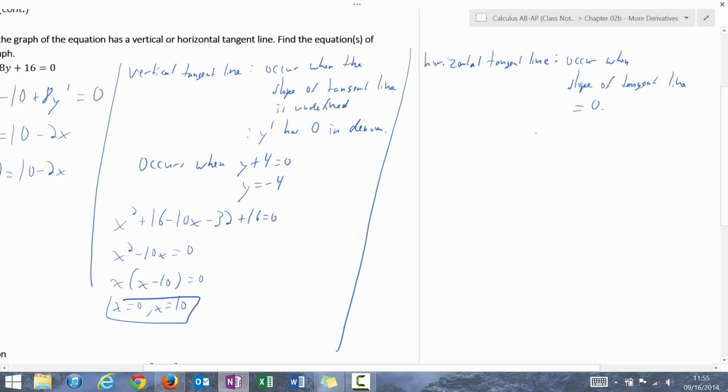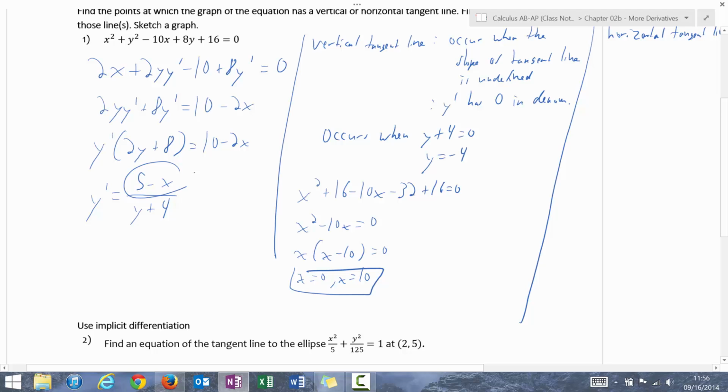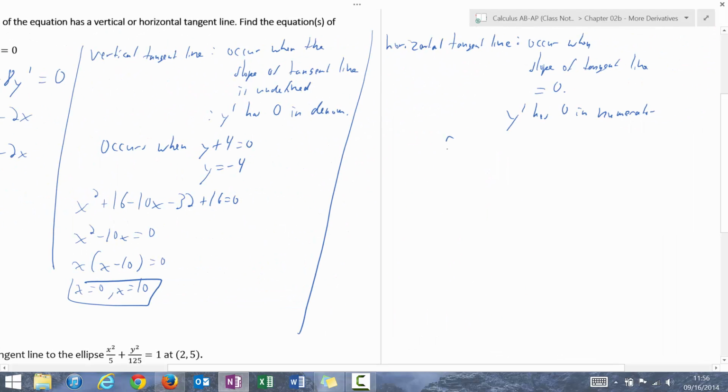And that occurs when y prime has 0 in the numerator. On this particular one, that occurs when the numerator, 5 minus x, equals 0, and that occurs when x is equal to 5.